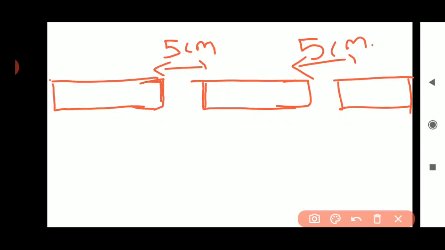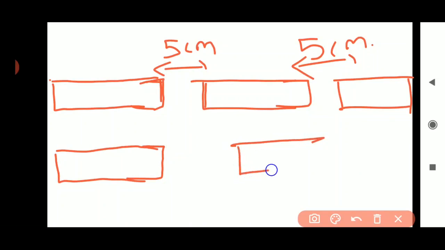Let after 1 month we have seen that the rail positions are like this.